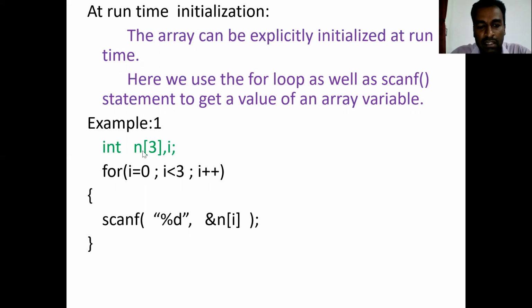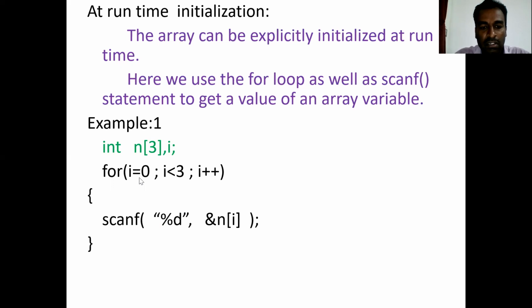Here we declare an array called n with the size of 3. For I equal to 0, I less than 3, I plus plus. So scanf percentage d and n of I. What is the use of the ampersand symbol? It is used to get the input value with the help of the scanf statement.